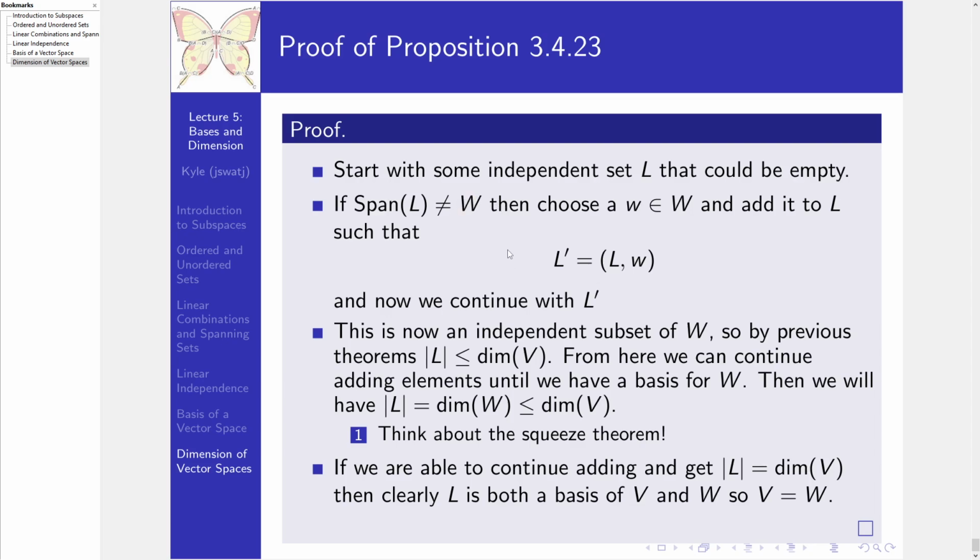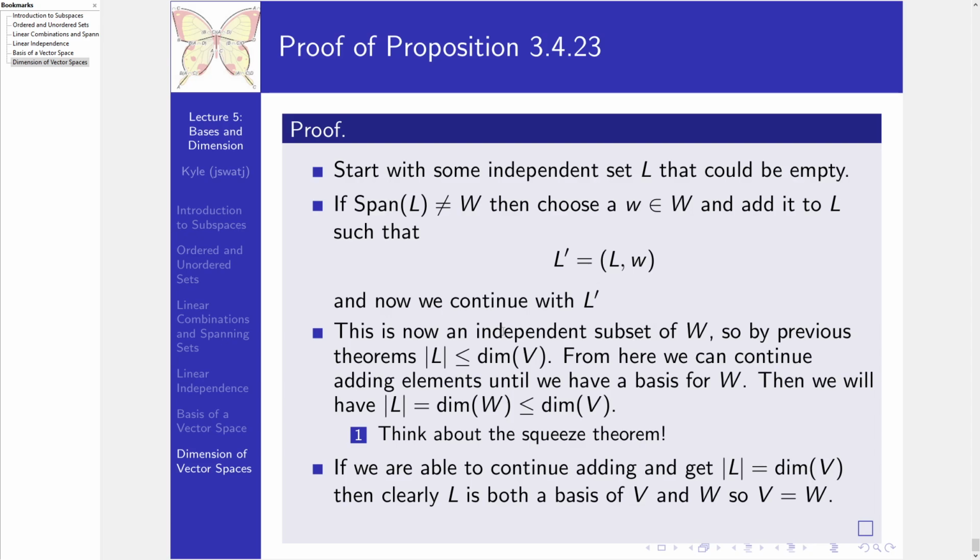We're not spanning the whole space. Then we can choose any vector in W that can't be made using the spanning set, and we'll add it to the spanning set. Basically, our spanning set is too small.